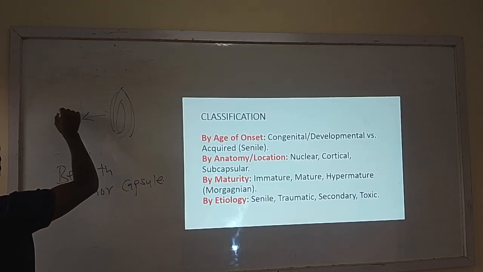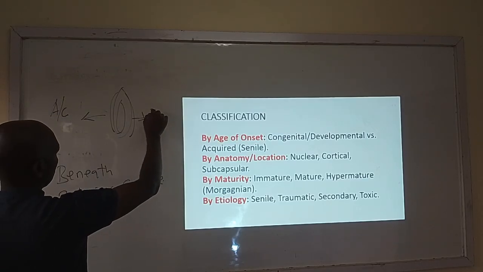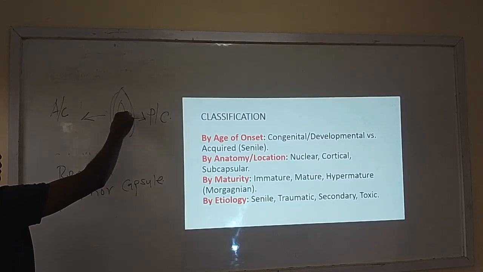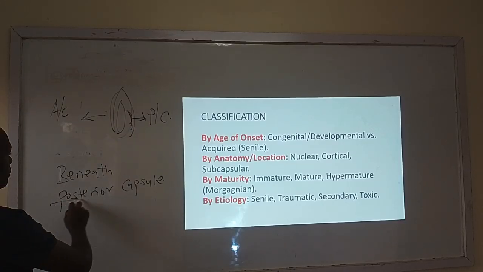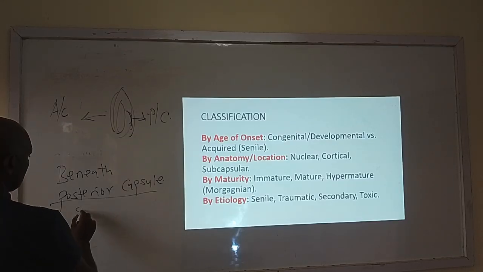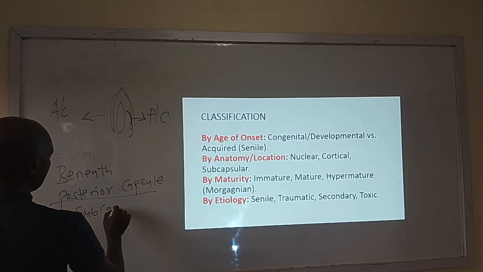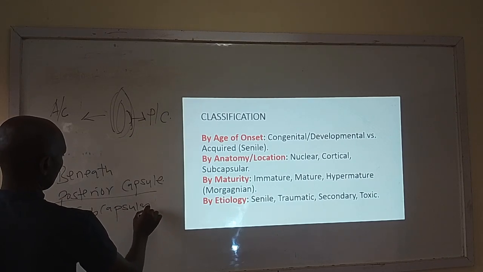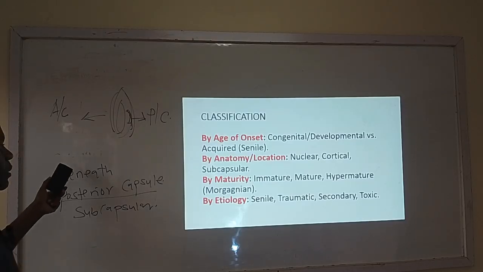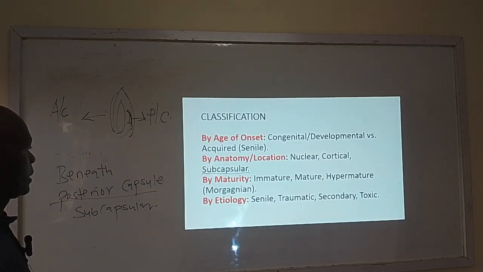This is the anterior capsule, and this is the posterior capsule. So when we have an opacification around here, that is what we call posterior subcapsular. So when there's opacification beneath the posterior capsule, we get posterior subcapsular cataracts.